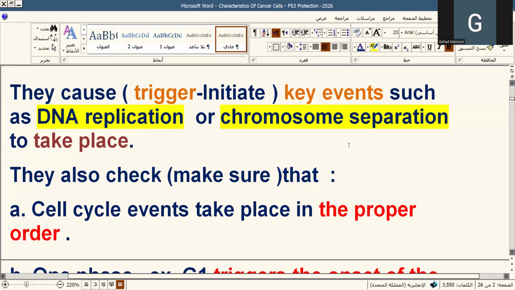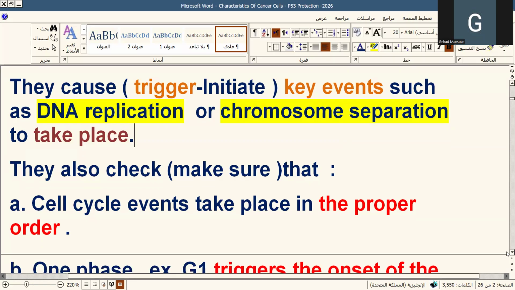No, here we mean by to cause the key events that they essentially initiate those key events or trigger them. So if they are not there, the cyclins and the cyclin-dependent kinases, then the chemical reactions needed for the cell cycle to proceed will not start from the very beginning.